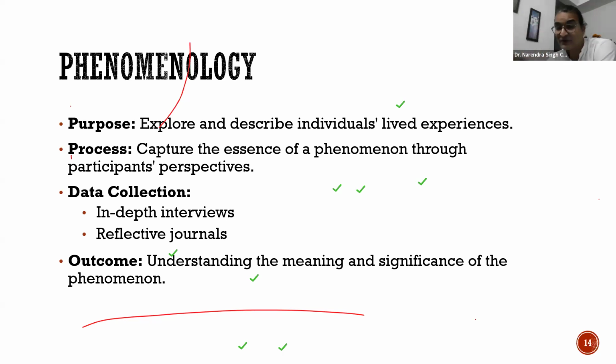Now, this is a question to everyone. Should I go for a case method? Should I go for phenomenology, or should I go for ethnography because I'm studying a community? Now you just understand these are certain questions that should come to your mind when you're deciding about the particular methodology.